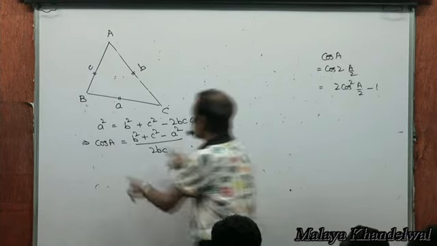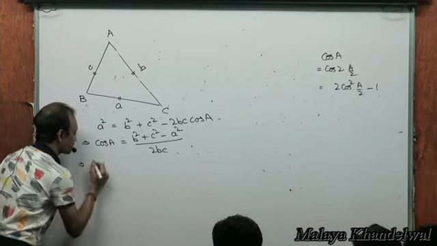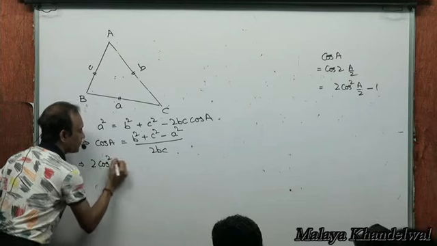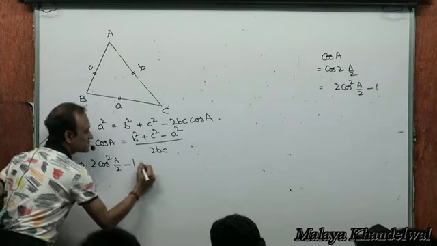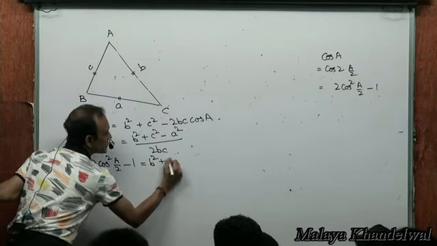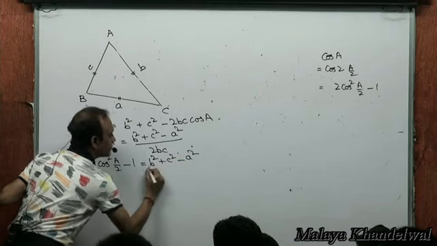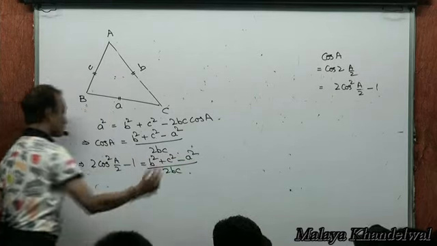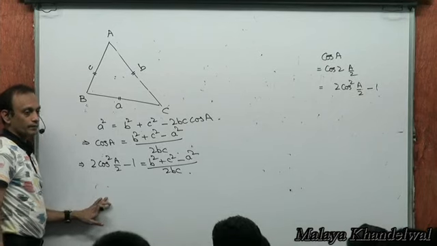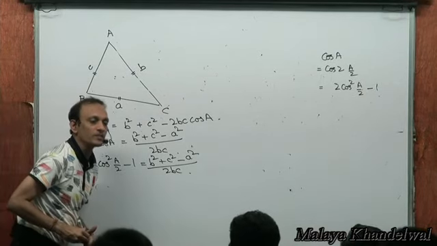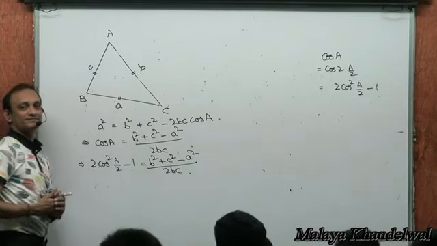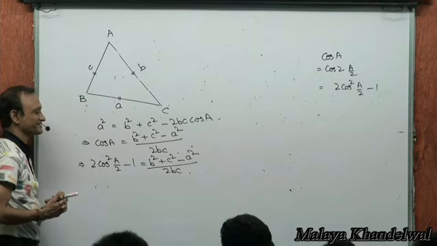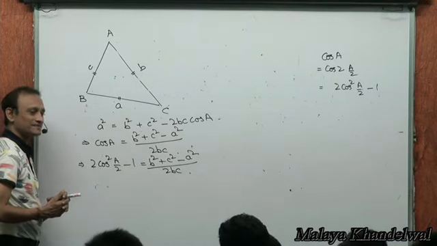Clear? So this cos A I can write as 2 cos squared A by 2 minus 1 equal to b squared plus c squared minus a squared by 2bc. I want to find the value of cos A by 2, that's why.